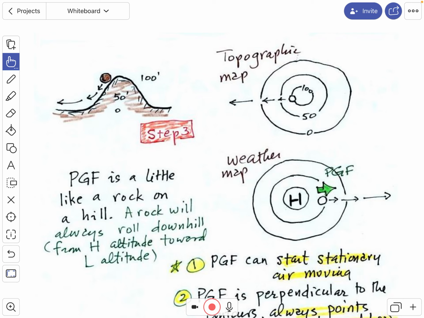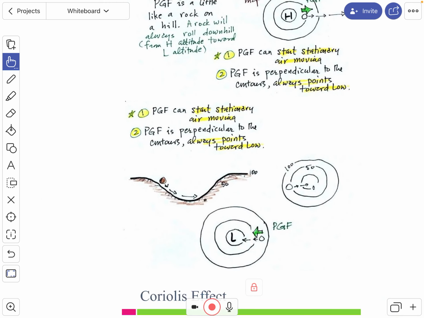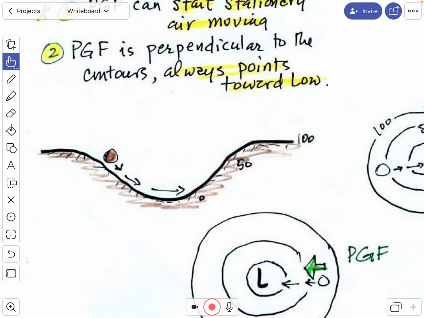So think about a topographic map when you're thinking about a high pressure map or a barometric map. The high pressure is the top of the hill. And so the air, just like a ball, would roll or blow downhill or away from the high pressure. And it would go towards the valleys, right? The water would run downhill into the valley, and that would be our low pressure.